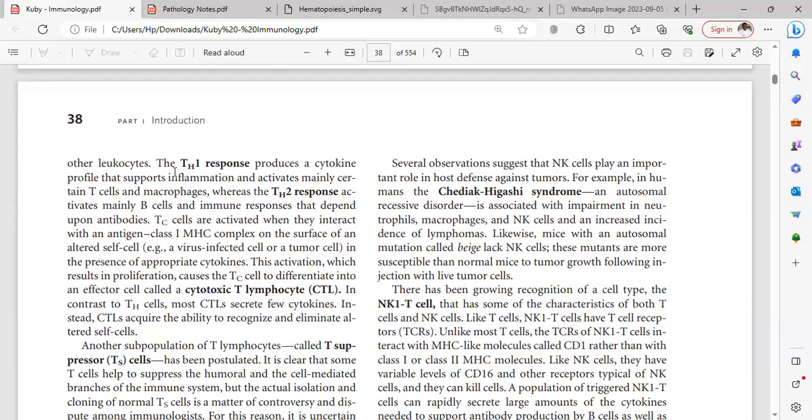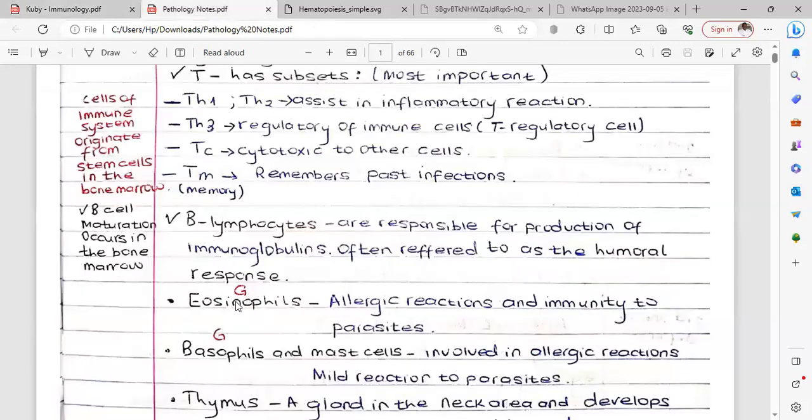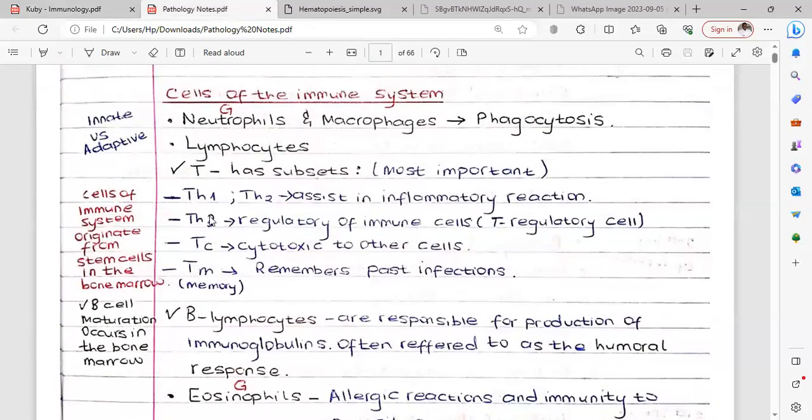For the T helper, we have three categories: TH1, TH2, and TH3, which was talked about by Dr. Gontia. TH1 and TH2 assist in inflammatory reactions. And TH3 is used for regulation of immune cells, so it is T regulatory. So whenever you are asked which subset of T helper cells is the T regulatory cells, it's TH3.